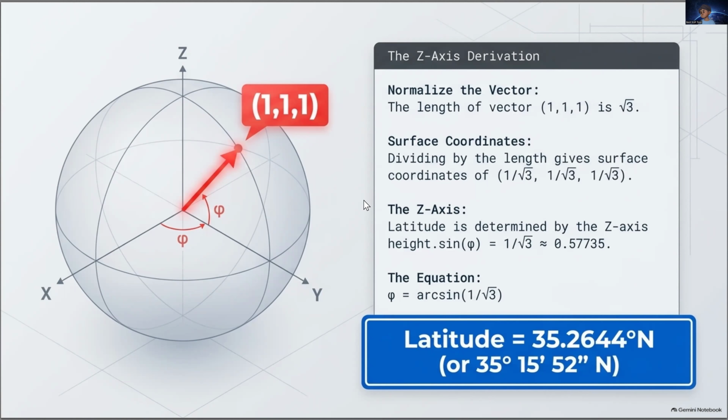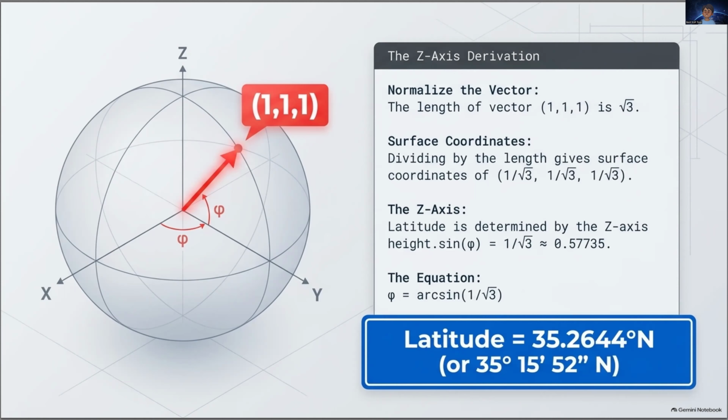That is, phi equals arcsine of 0.57735. It will be 35.2644 north latitude. This latitude and 45 east will be the center of the spherical right triangle.